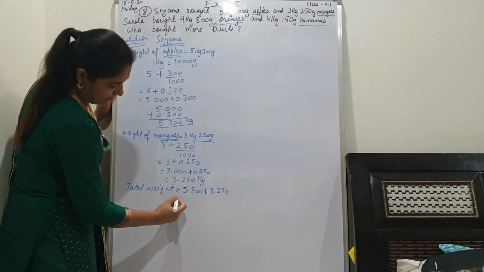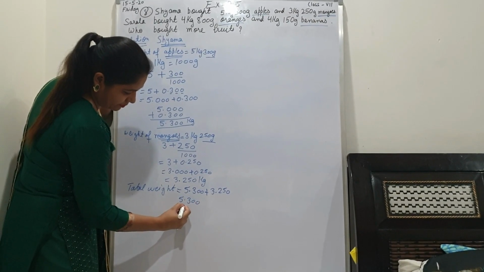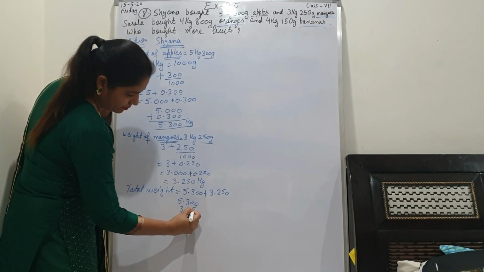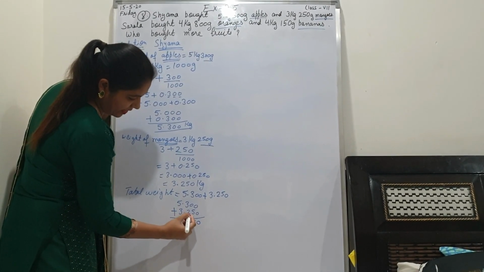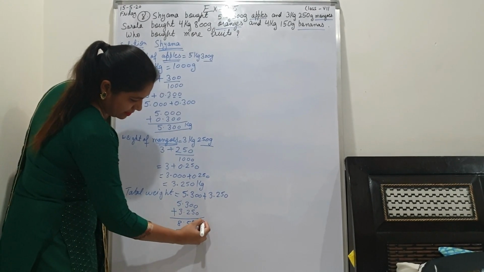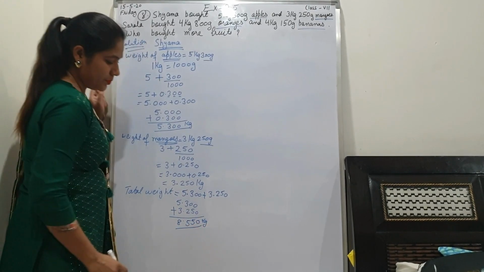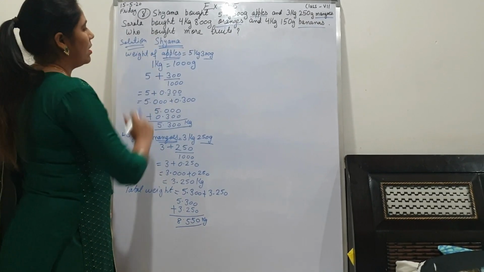So we add them: 0, 5, 5, 8. So 8.550, that is about Shyama.